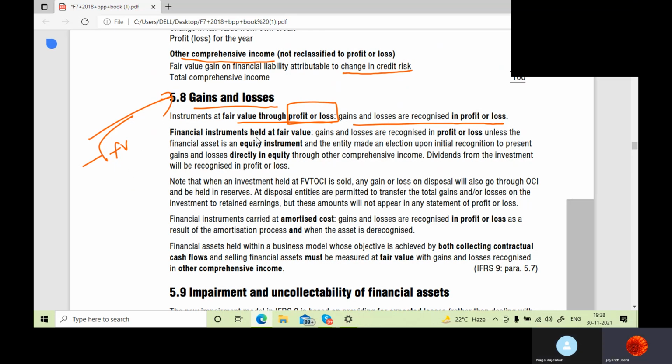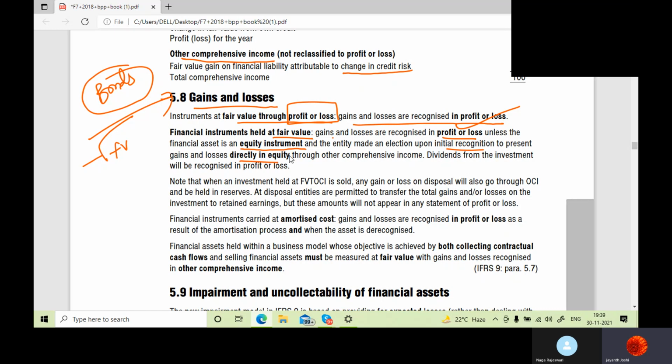So financial instruments held at fair value, gains and losses are recognized in P&L unless the financial asset is an equity instrument. We are speaking about bonds. So if financial instruments are held at fair value, you will be recognizing the gain or loss in P&L, unless it is an equity instrument and the entity made an election upon initial recognition to present gains and losses directly in equity.